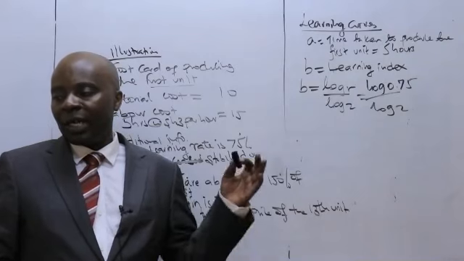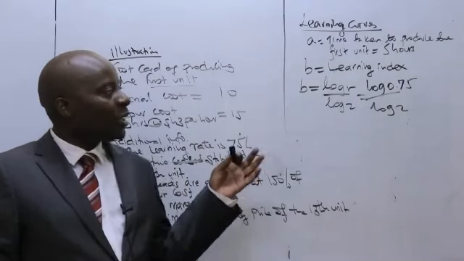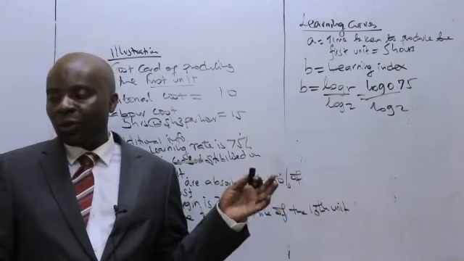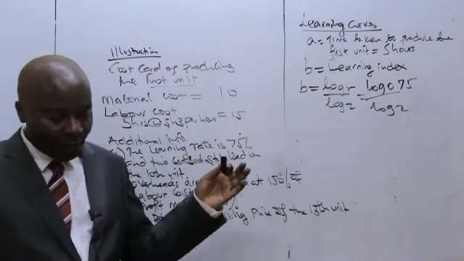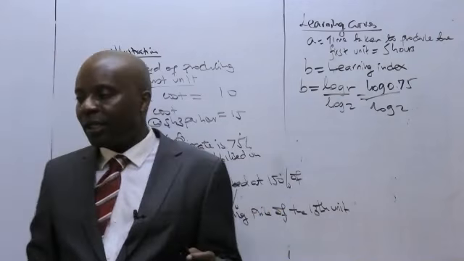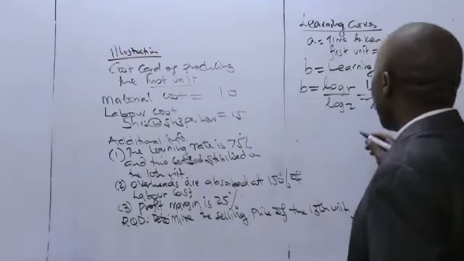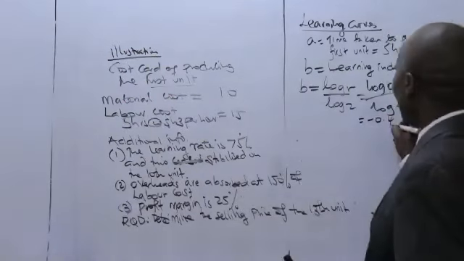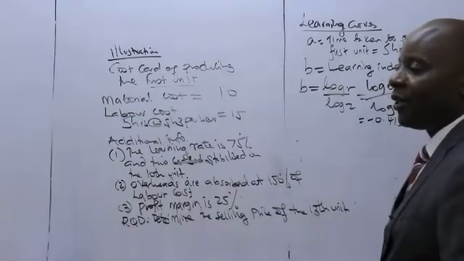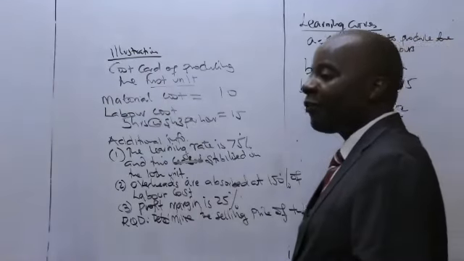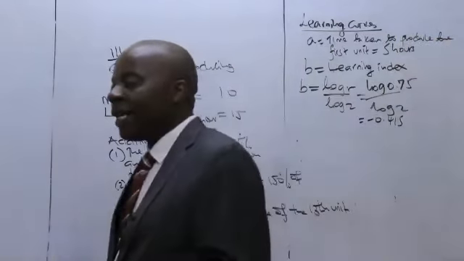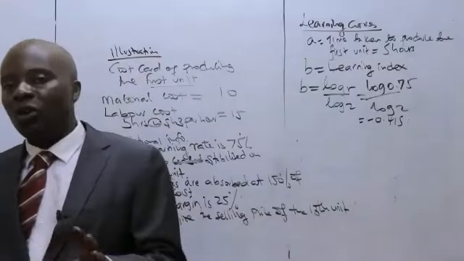You simply say logarithm of 0.75 over logarithm 2. What are we able to get, somebody there? So Hilda, Catherine, they've given me negative 0.415.